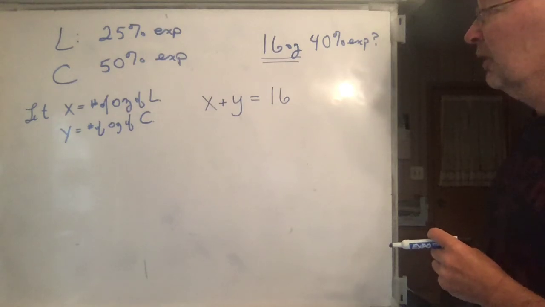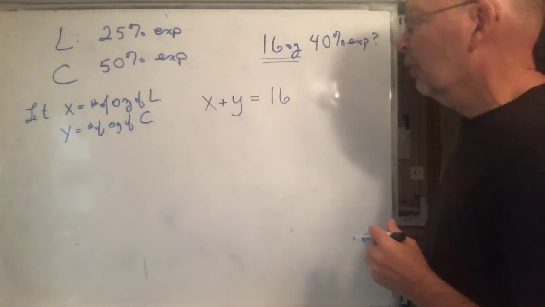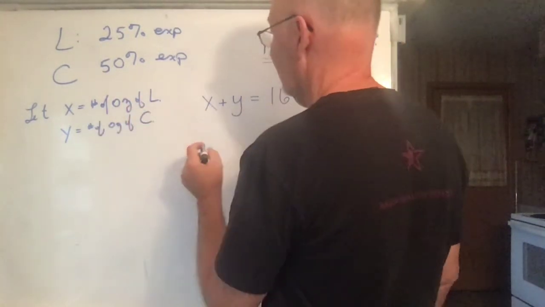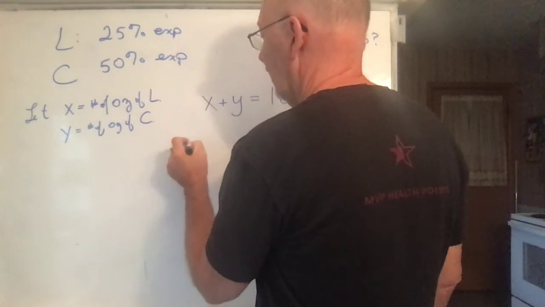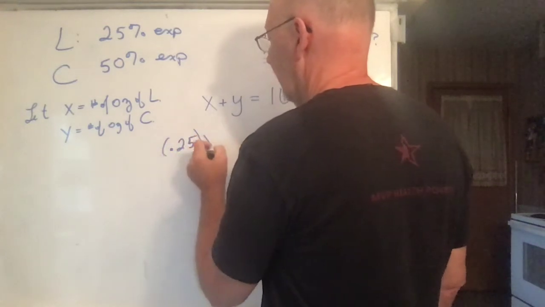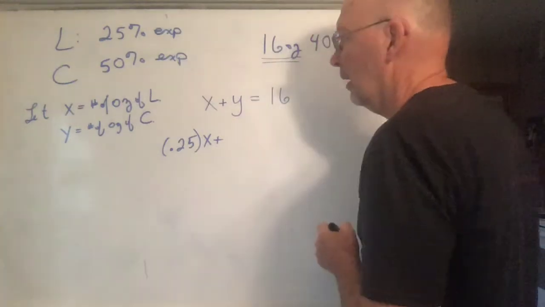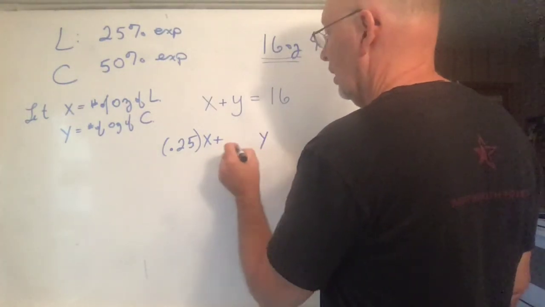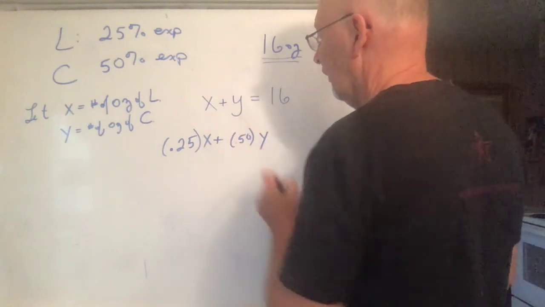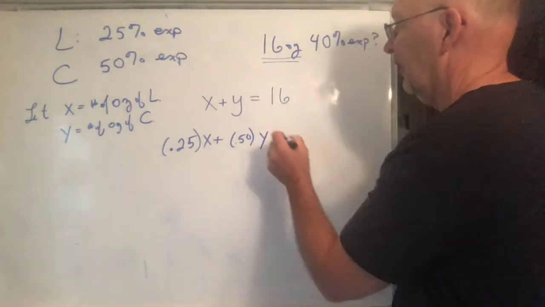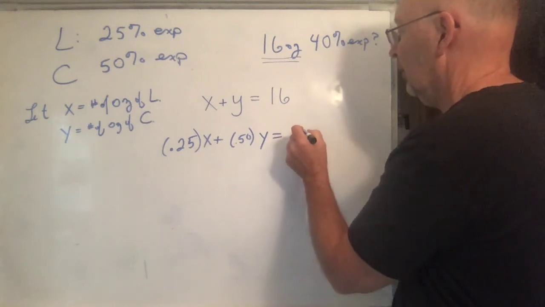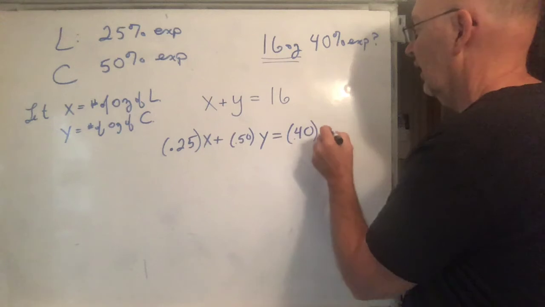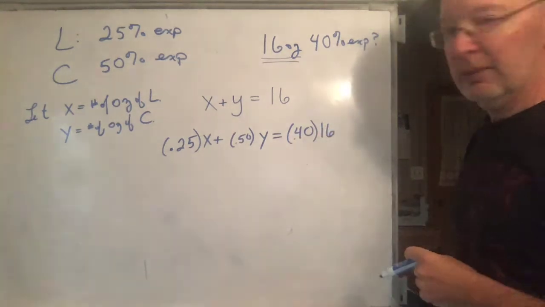Now what else do we know? We also know that if you take each of these ounces of latte and take 25% of them, and if you take each of these ounces of cappuccino and take 50% of them, that better be equal to 40% of the 16-ounce drink.